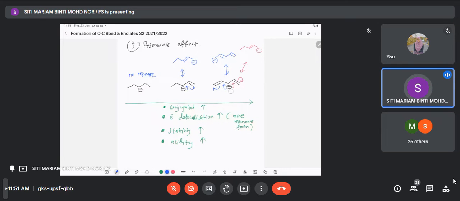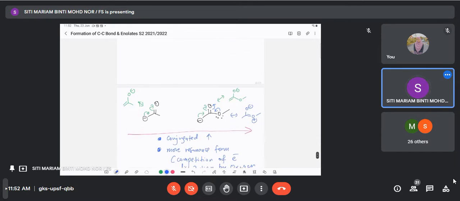Because in the structure up here, for this carbanion, there is no competition for the delocalization. The delocalization of electrons only uses electrons from your carbanion, either to the left or to the right.